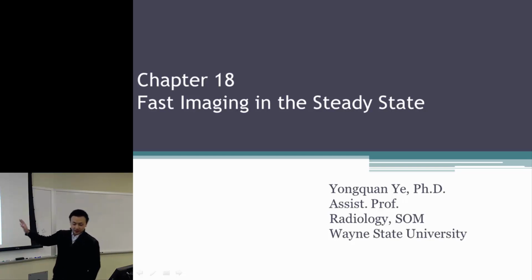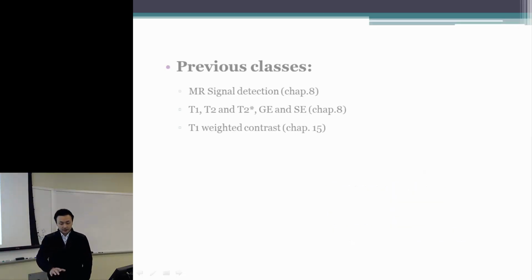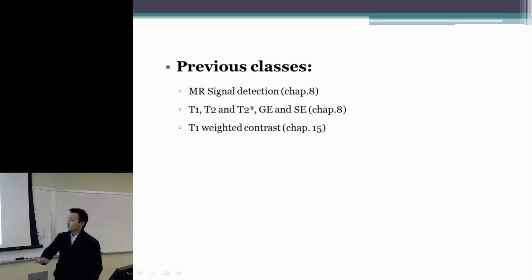So the keyword today is to understand the steady state signal characteristics and how we are going to analyze those in different situations.